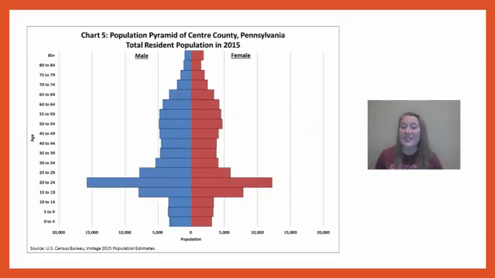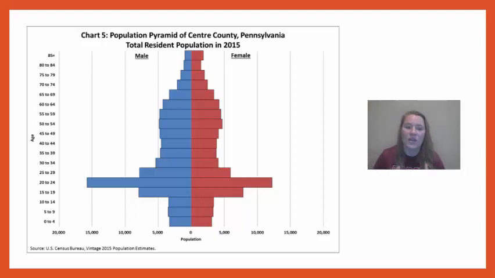Now, if we look at Centre County in Pennsylvania, this pyramid might make you scratch your head a little bit and say, what in the world is going on? We see this huge bump in the population of people that are between 20 and 24 years old. Now, if this was a county that had a lot of industry and there were a bunch of people that were moving in there from out of state to try to work in factories, you would see a big bump in that 20 to 40 range.